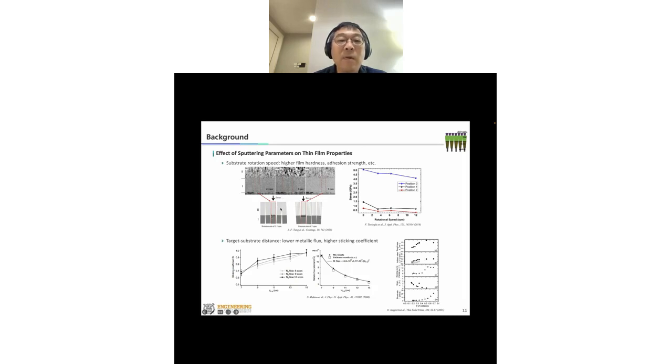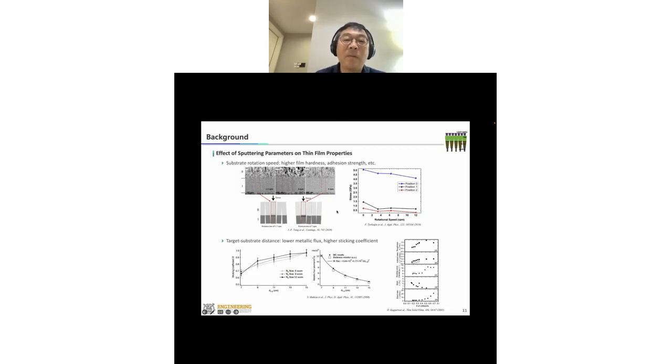When the plasma hits the substrate, the force changes into all directions. So as the rotation speed increases, the stress typically relieves because we're changing the direction of the force more frequently, instead of slowly.